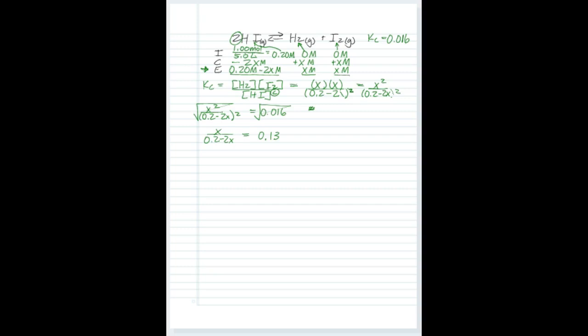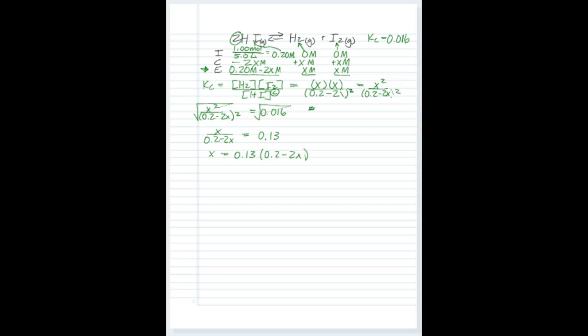Okay, so I'm going to first do this. I'm going to multiply both sides by 0.2 minus 2X. Okay, and that gets rid of the 0.2 minus 2X in the denominator.